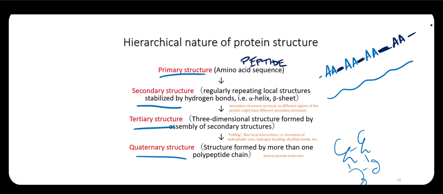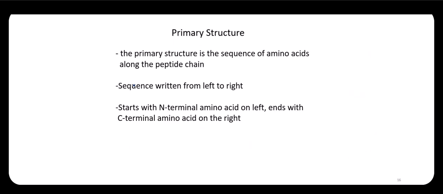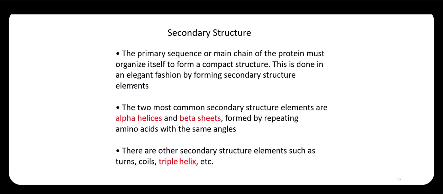So that's our primary protein structure. Next place we're going to go is secondary protein structure. Okay, so here's the way secondary protein structure works. We have this chain we just made. So we have this chain of amino acids.